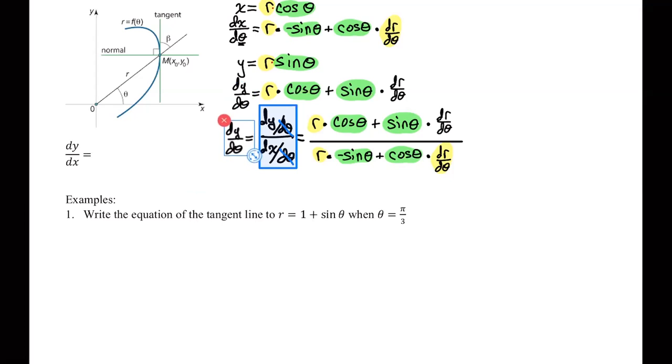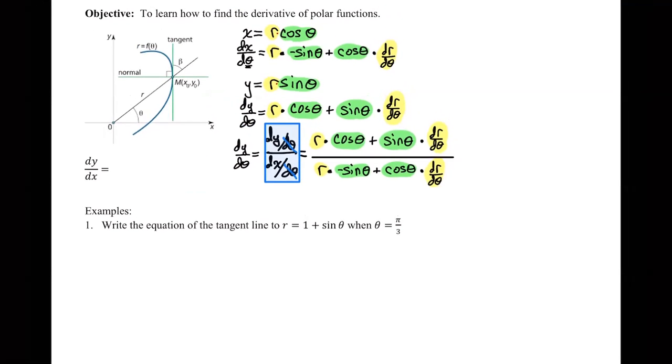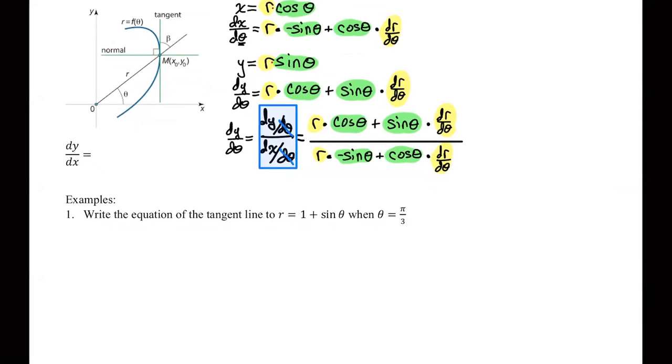Well, it's just a rule. If you look at the first example below, which we're not going to do now, I'm going to save it for next class, we're going to see that we have a whole lot of things that are ready to be plugged in, right? It says write the equation of the tangent line for r equals 1 plus sine theta. So right off the bat, I have something I could substitute in for r.